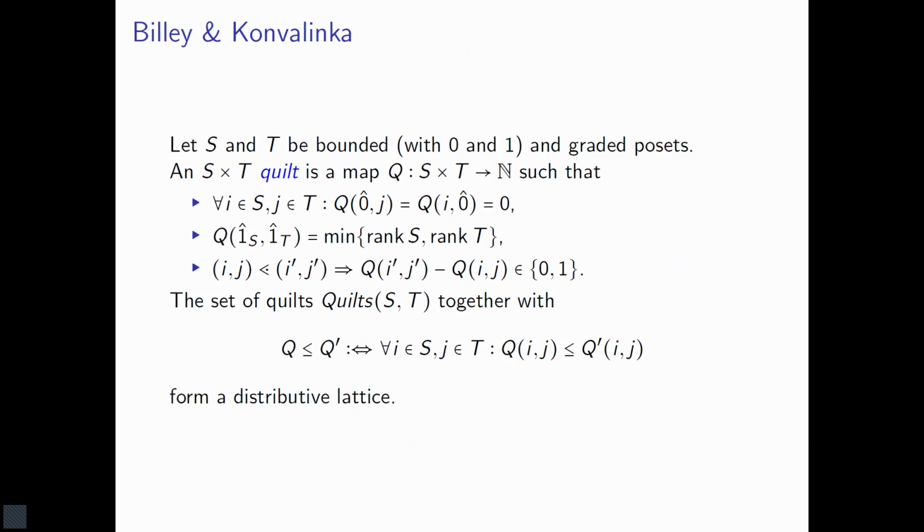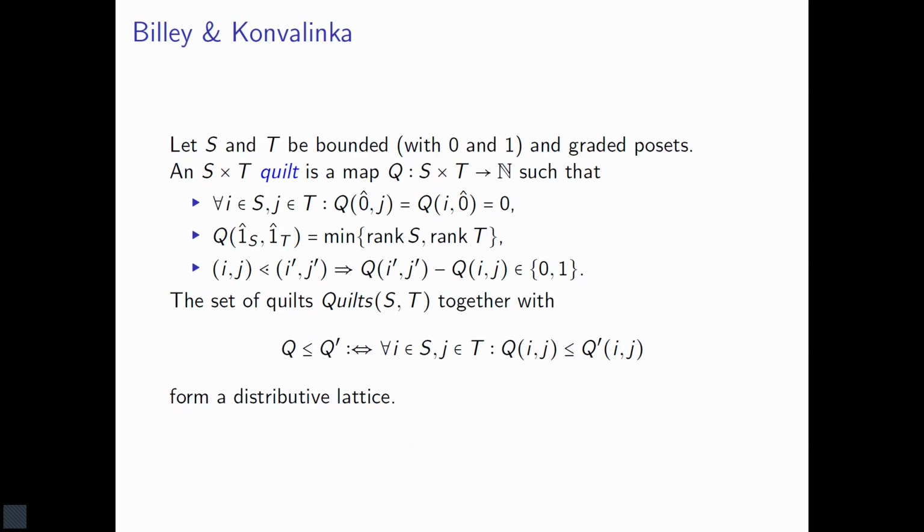I said there is another nice thing about corner sum matrices. The corner sum matrices are S times T matrices. And instead of matrices, we could also look at the product of posets.